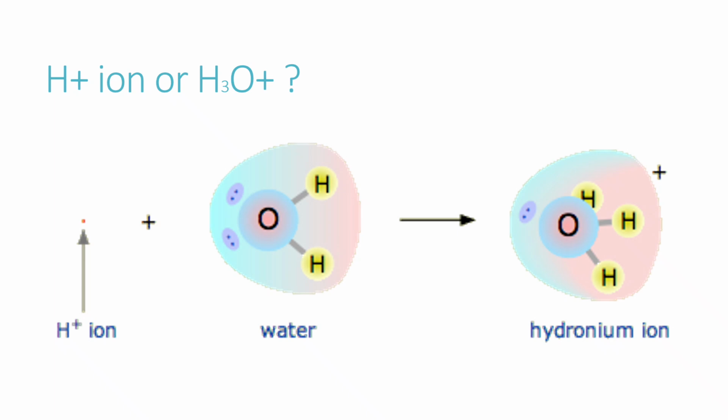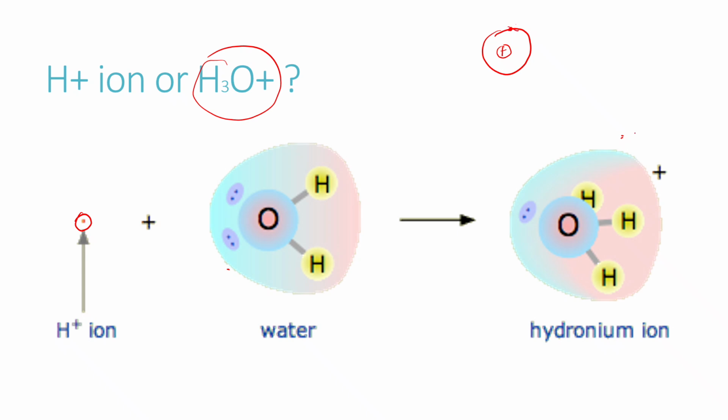Now, in many texts, you will see the term H3O plus appearing as well. So, what is actually H3O plus? Basically, H plus ions are too small to exist on their own. Just imagine what H plus ions technically are. You have a hydrogen atom which has a nucleus and an electron.